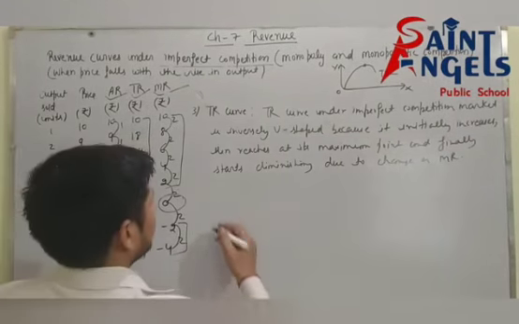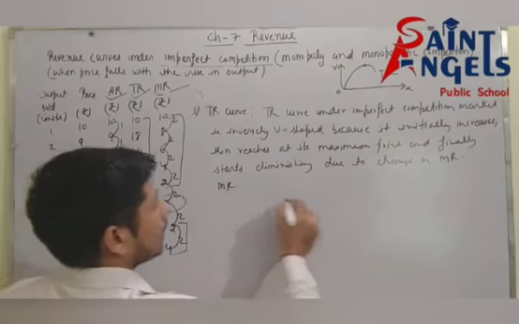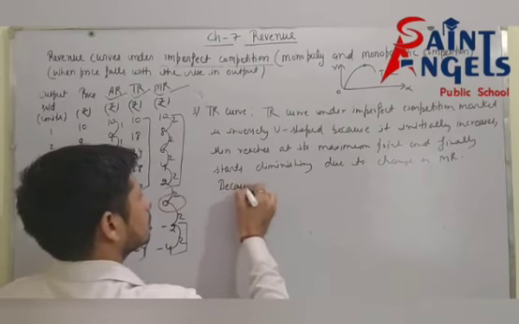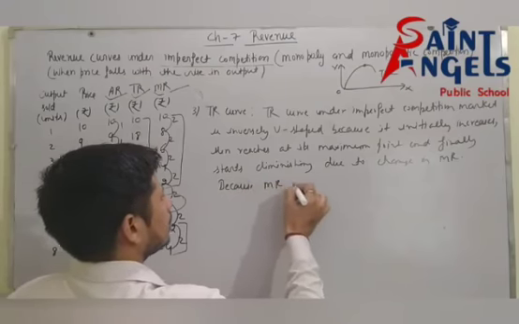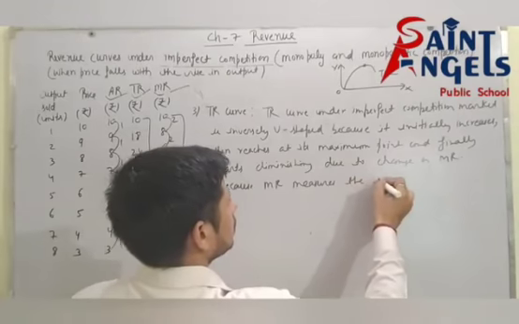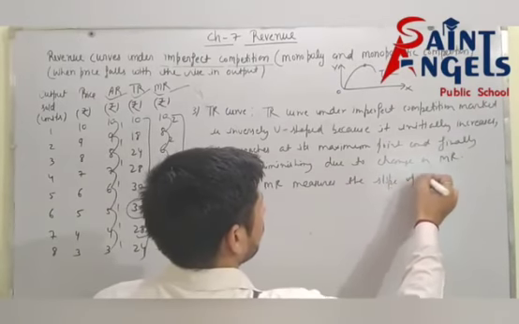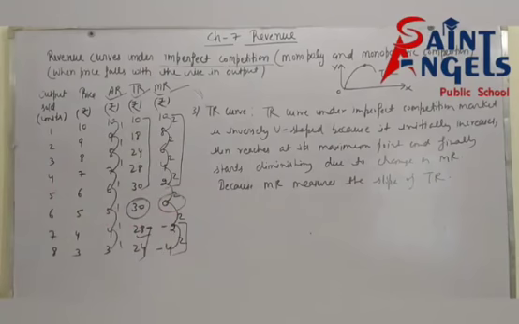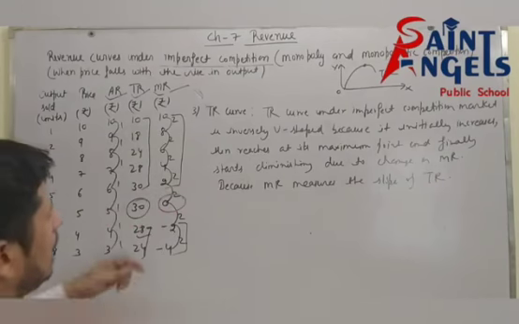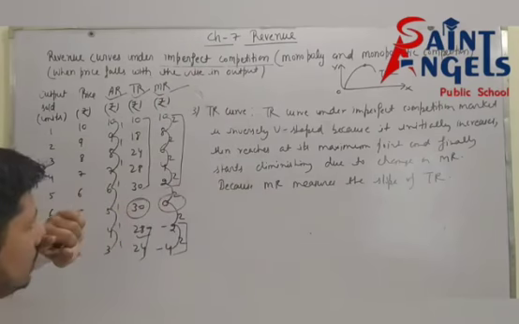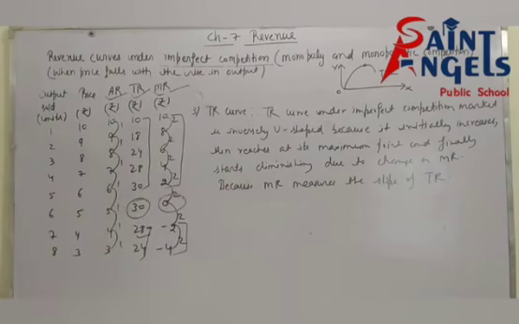Because you know that MR measures the slope of TR. So I hope all of you have understood how to explain the TR curve in an imperfect competition market. So please pause the video and note this down.